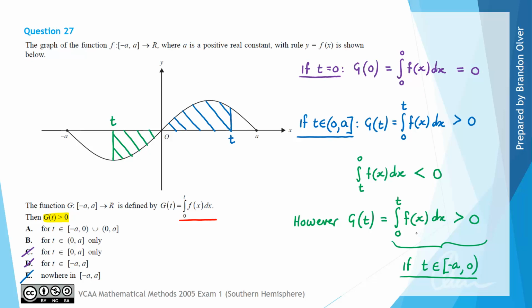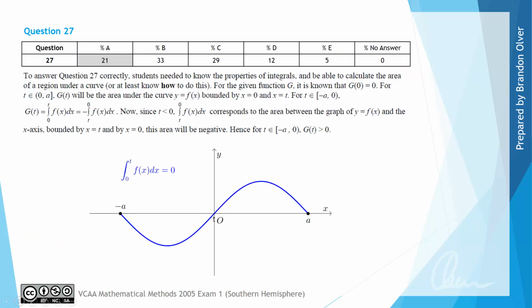And if we had t being from negative a included to 0 not included, we also got a positive value out because we went from 0 to t rather than t to 0. So we got positive values for both of those calculations, which means that A is the correct option for this question.